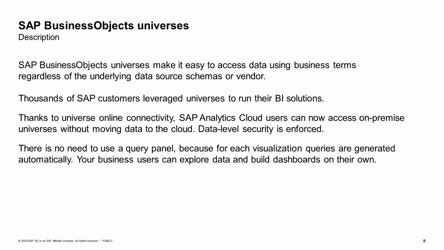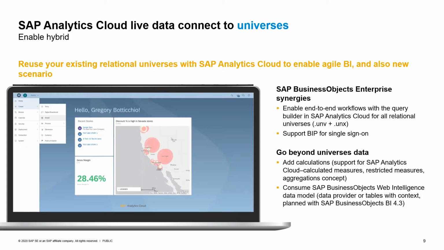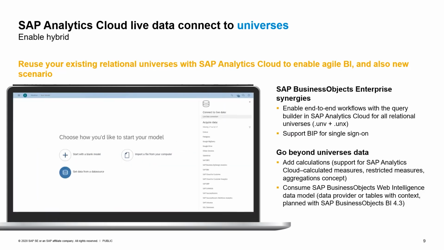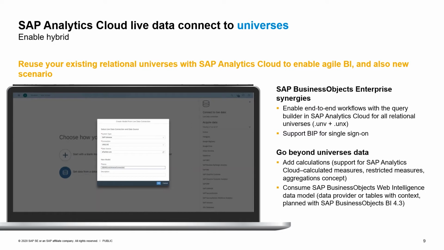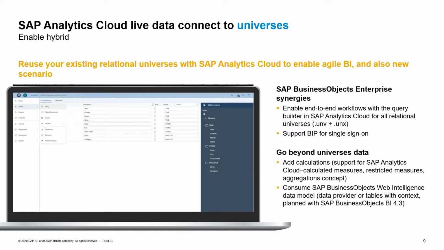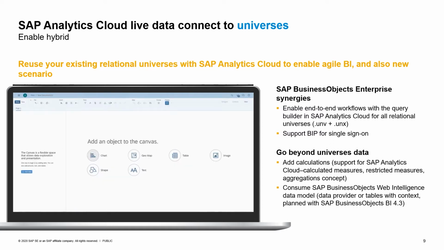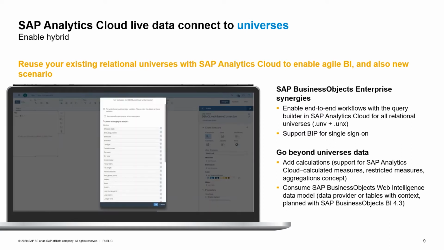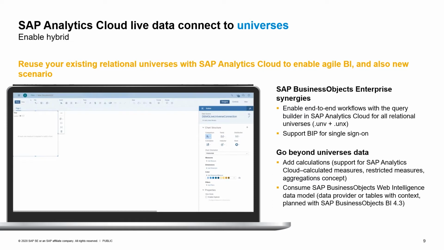So let's focus now on LDC for universes. As I've said before, with LDC for universes, you can connect very easily to BI platform universes from SAC, build a model using the query builder, and then share it with SAC users.